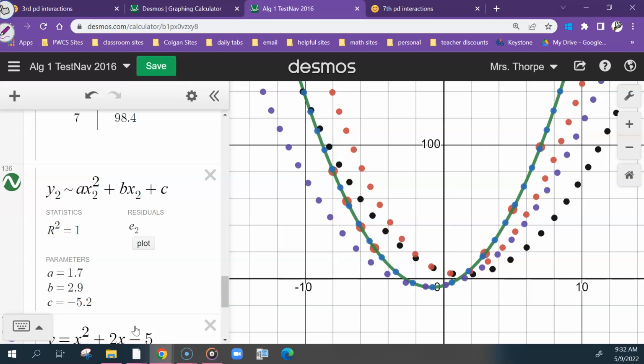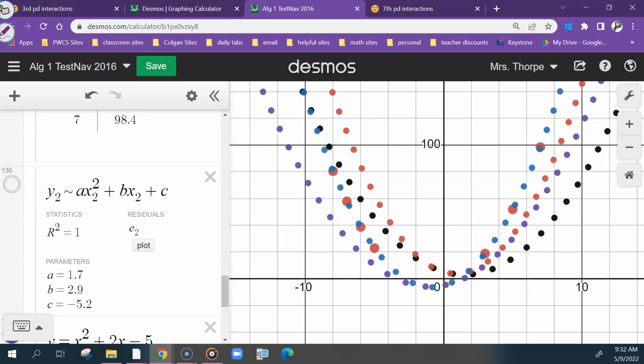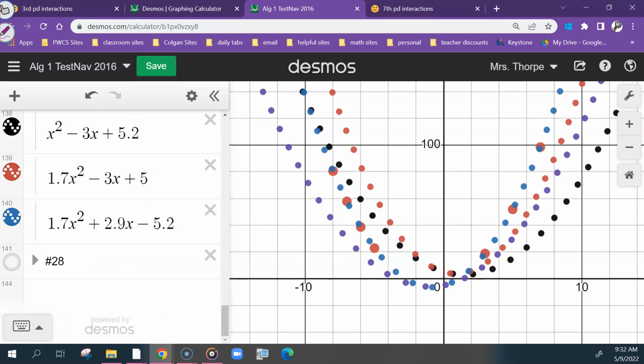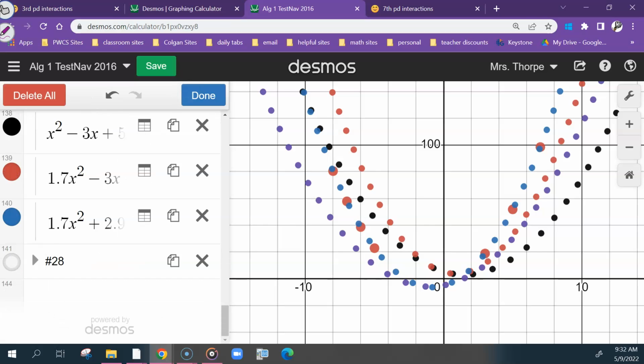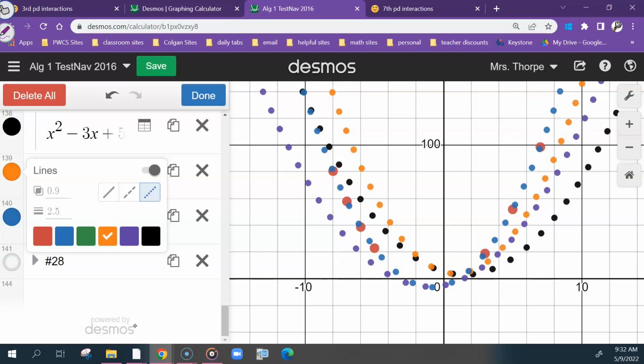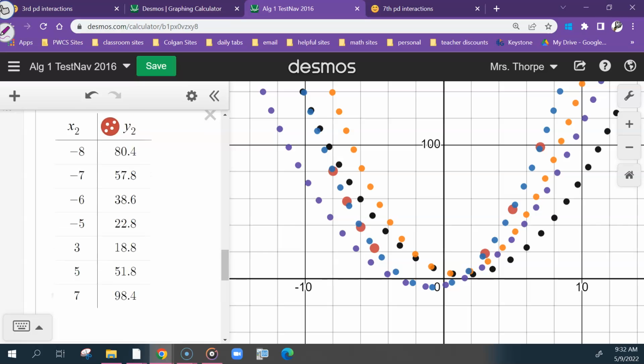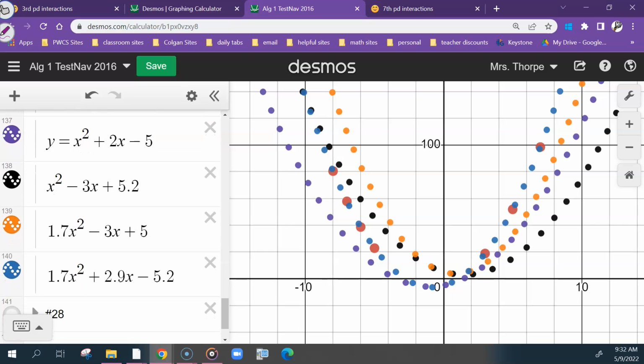But let's say we forgot how to do line of best fit or curve of best fit in Desmos. So my original table was red. I'm going to change these ones because this should also not be red. Orange is good. Okay, so my original points were in red, and all of these are the answer choices they gave us.